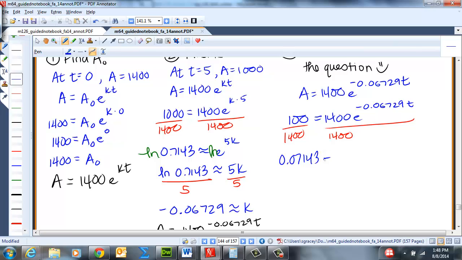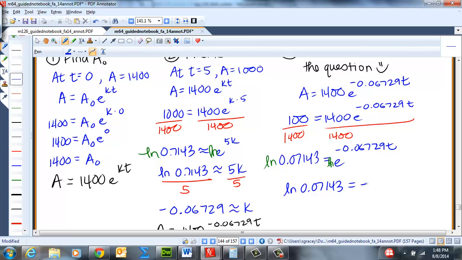is equal to e to the negative 0.06729 t. And then we evaluate the natural log of both sides, and we'll get natural log of 0.07143, and this is all approximate, right?